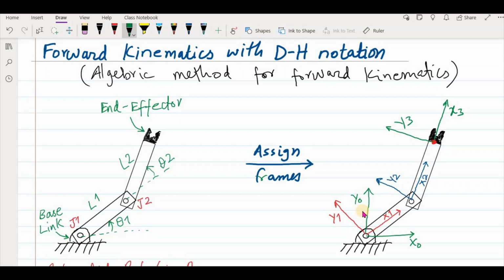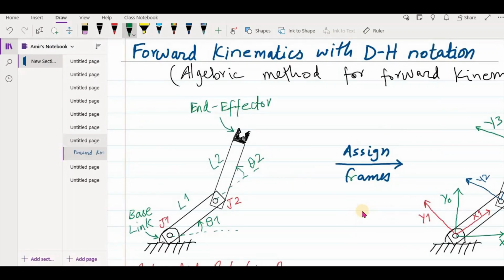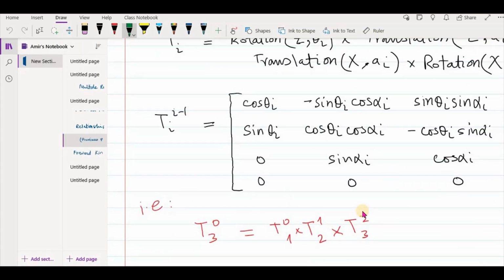So according to the DH notation, we first need to find the parameters so that we can use the matrix that we have calculated to find the transformation from the present joint to the previous joint.